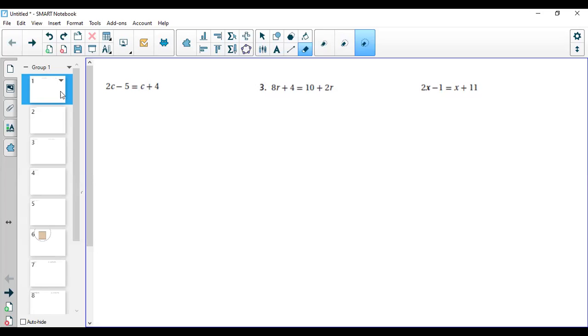Okay, now let me start with this question here. 2c minus 5 equals c minus c plus 4. So how am I going to solve these equations? All I need to do is move the variables to one side and keep the numbers on the other side.